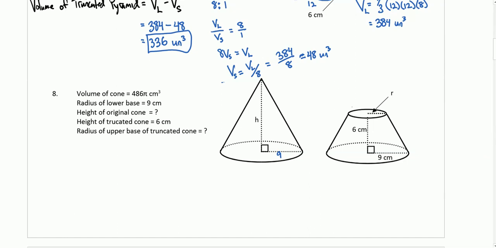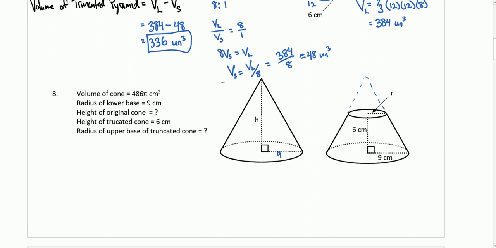So again, we're going to break this up. We got the large cone and the small cone. The small cone is the part we don't see. It's the top here that was cut off. And so we're looking for the radius of the small cone. We have the radius of the large cone.